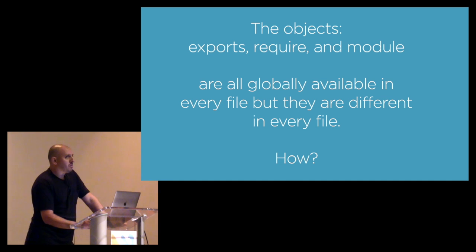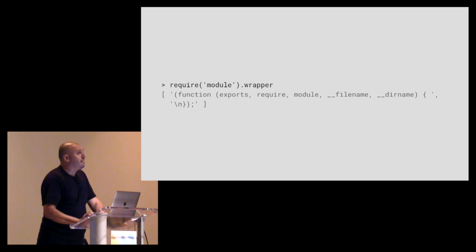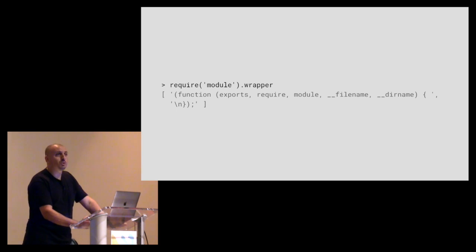How? Because of that magic IIFE. That magic IIFE is actually exactly that. It's a function that passes exports, require, module, filename, and dirname. And those 5 magic objects appear to be global in your Node file, but they're not. They're just function arguments.